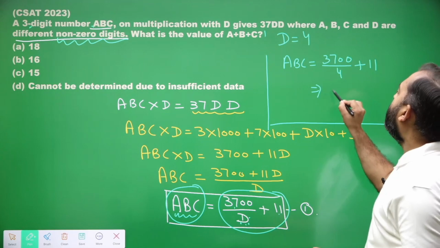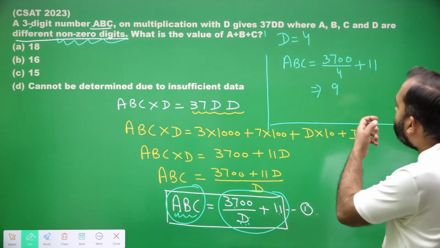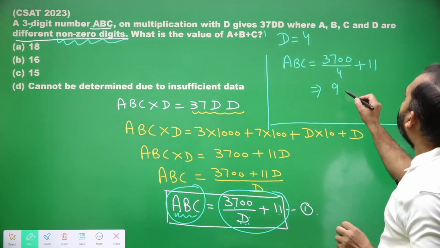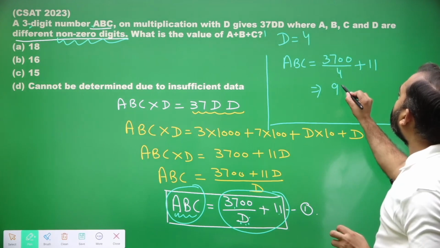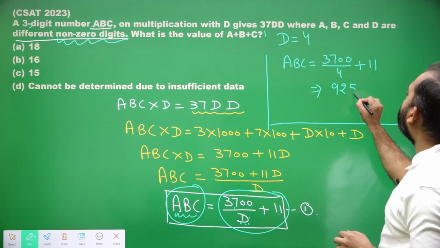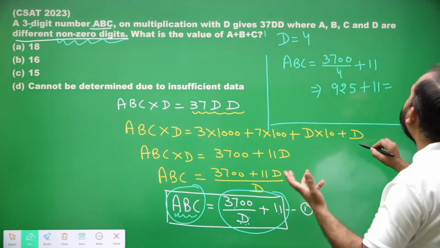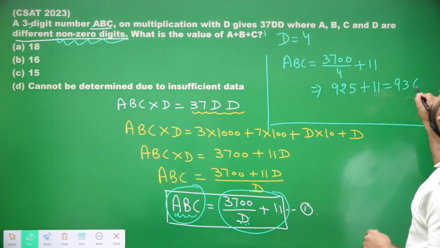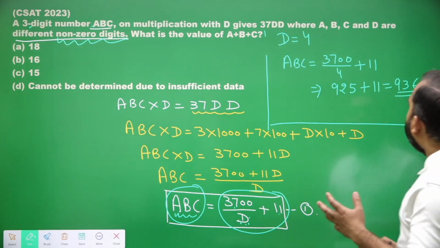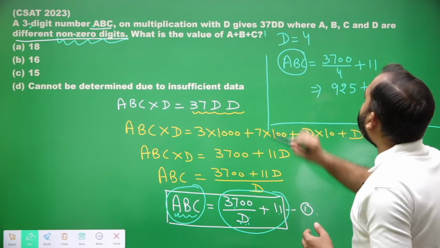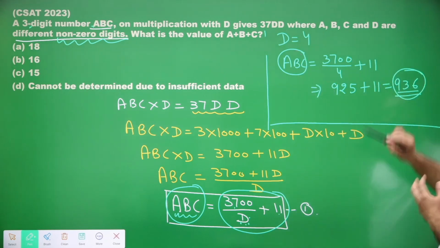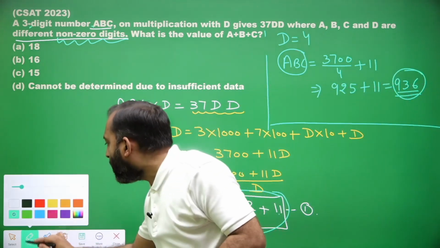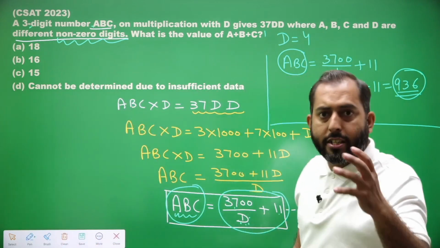Let's solve this. 4 nines are 36, 4 twos are 8, 4 fives are 20. So 925 plus 11 is 936. Okay, ABC is a 3-digit number, and 936 is also a 3-digit number, hence all my conditions are justified.